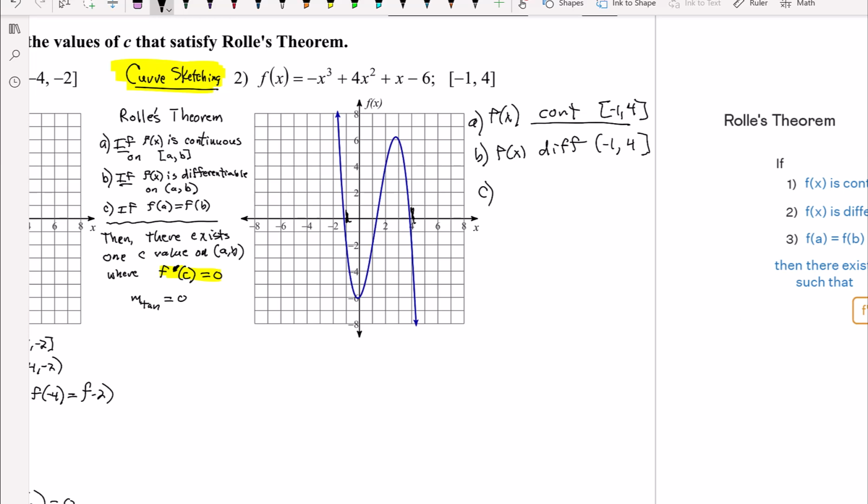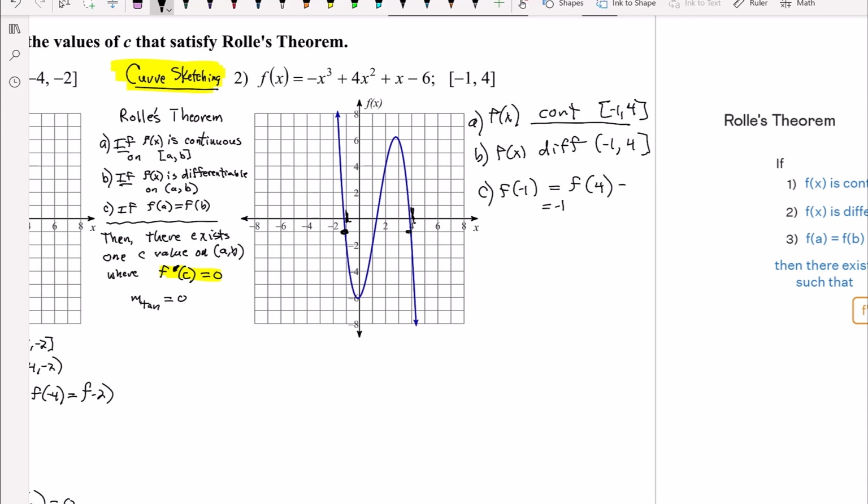And then let's see, somewhere on that interval do we have the same height? Let's put in -1, we're here. Yep, so f(-1) equals f(4). These are both the height of -1.